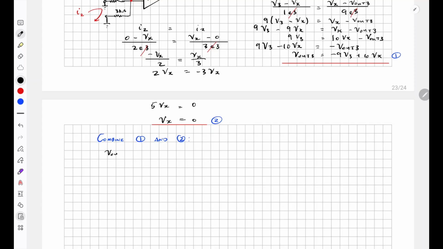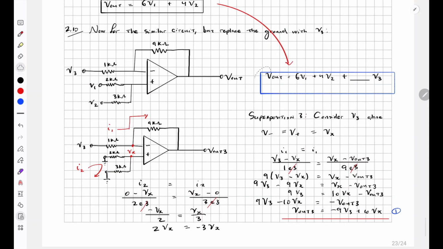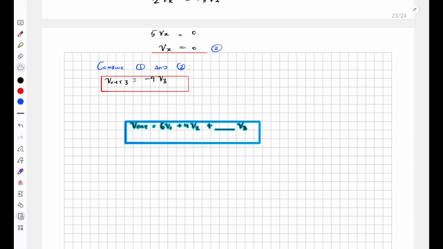So V out 3 is equal to negative 9V3 plus 10Vx, but if Vx is 0, that is negative 9V3. Okay, so we have now solved for V out 3. Let's inherit the equation form that we discussed earlier, and I'm just going to copy and paste it here. So now we know that the V3 coefficient is negative 9.